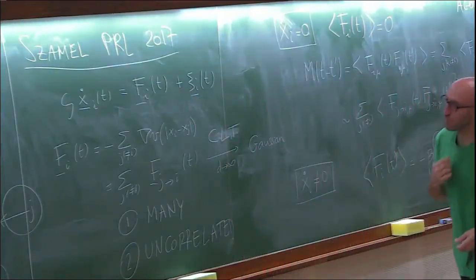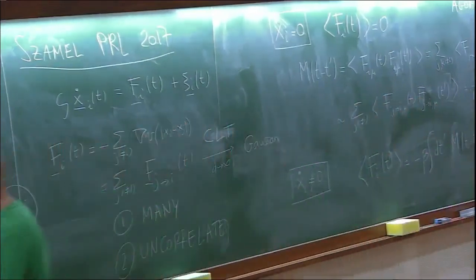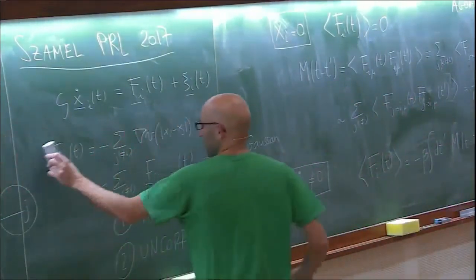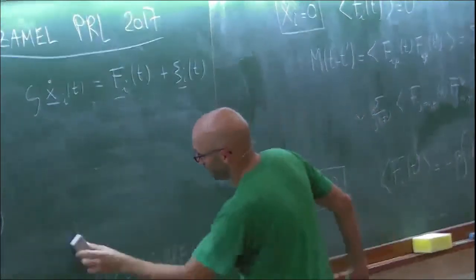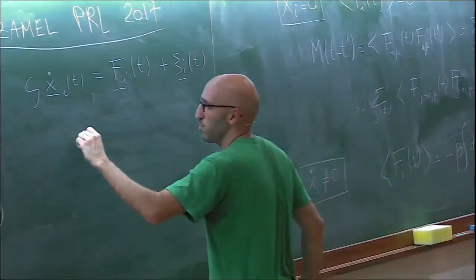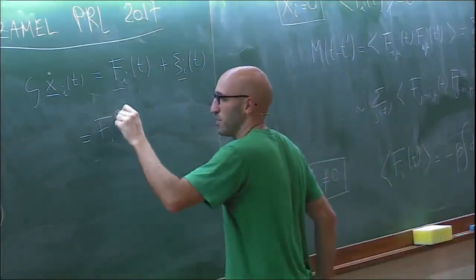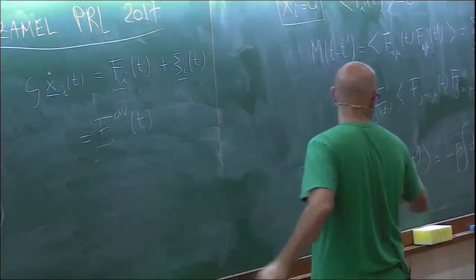Fine? So if you accept this, then I can erase all this, and I can say that this force is going to be decomposed into an average force, which is this.